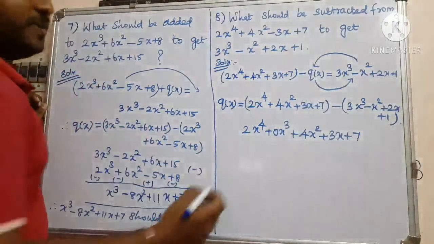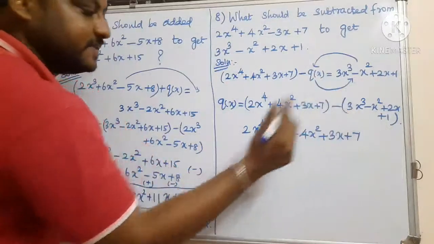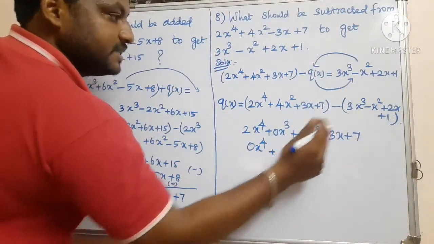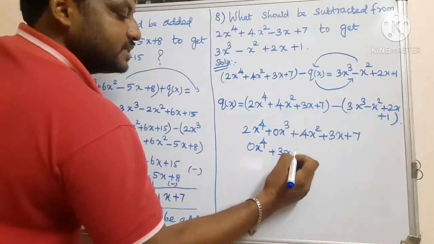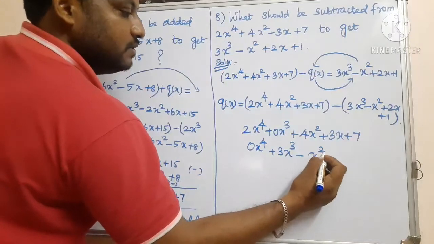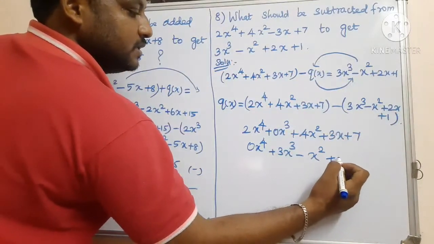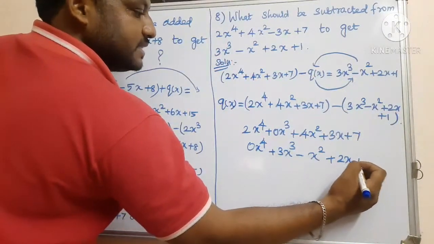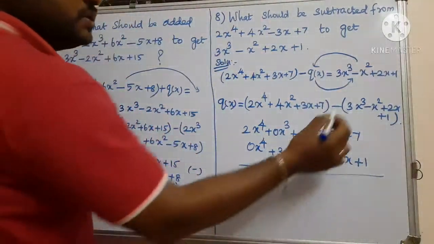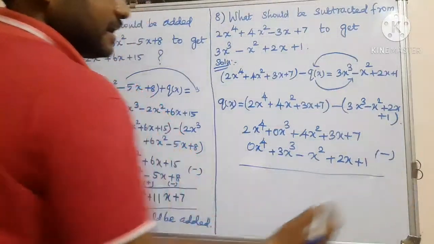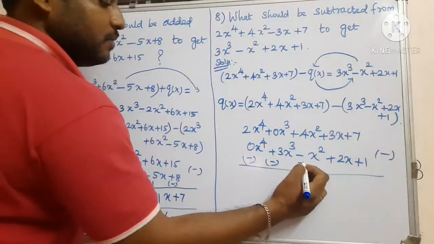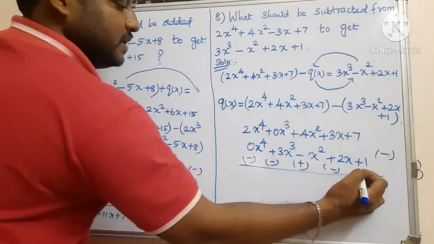And in the next polynomial the x power 4 term is missing, so you have to write 0x power 4 plus 3x cube minus x square plus 2x plus 1. So here we are going to subtract. So subtract means you have to change the symbols. So plus symbol should change into the minus symbol. Minus symbol should change into the plus symbol.